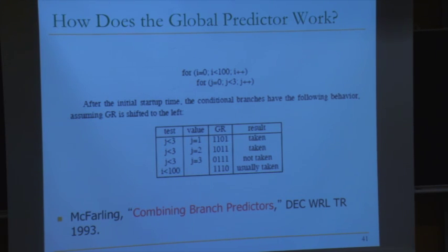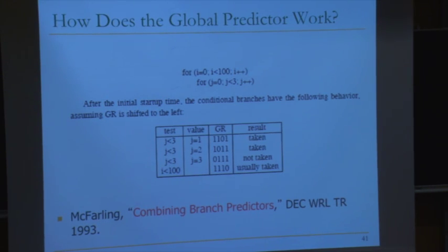J equals 1. Okay, your history should be 1101, right? What does that mean? Basically, you've executed this loop once. You've seen that as taken. And the last 3 iterations were not taken, right? Is that correct?